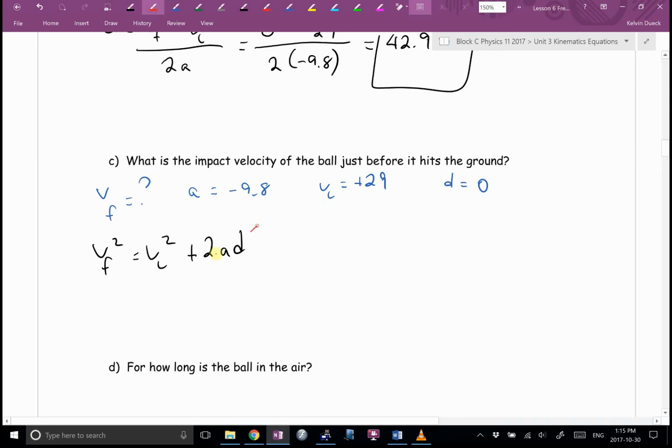Why can I do that? Why can I cross out the 2AD? Oh, D is 0, so what's 0 times 2A? So I get this. VF squared equals VI squared. How do you get rid of squared?